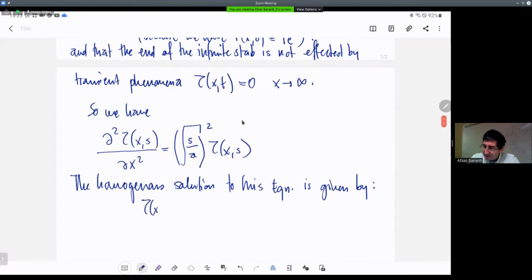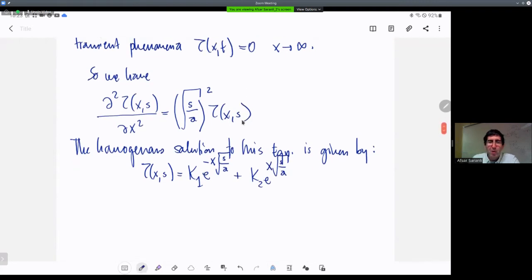So tau xs has a proposed solution of a constant k1 e to the power minus x s over a square root plus k2 e to the power x s over a square root.